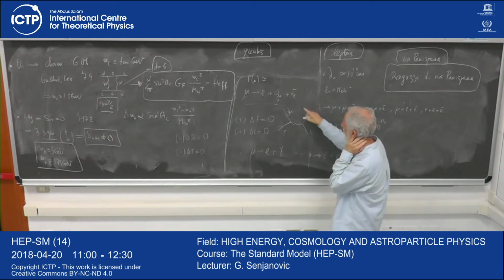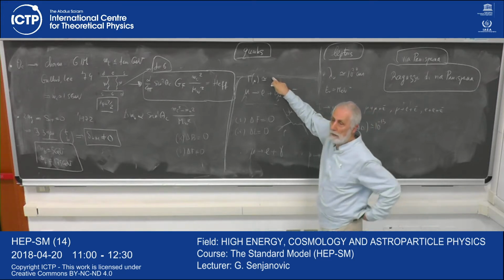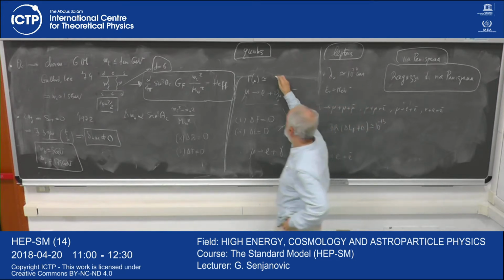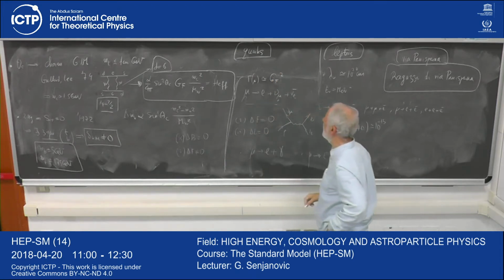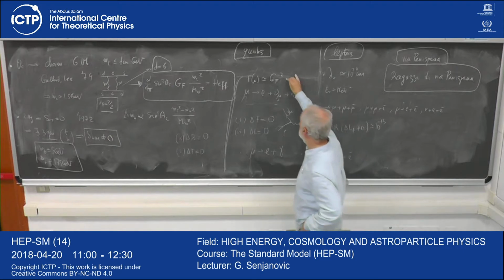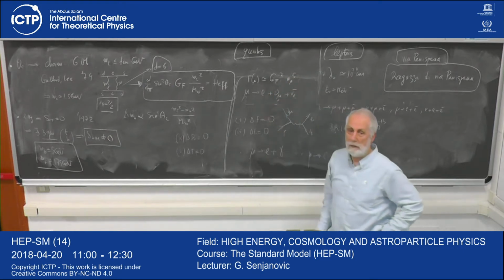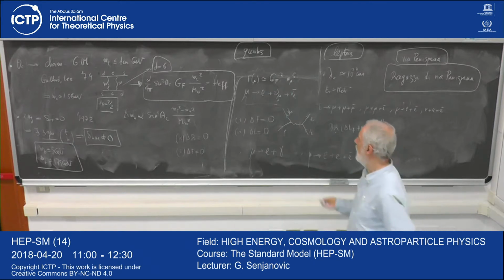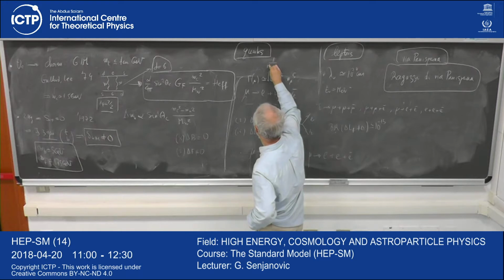Nu E goes in. That's nu E bar going out. So this will be G Fermi squared. Good. Okay. Dimension of mass, right? Yes. Decay rate has a dimension of mass. Well, coefficients are important because this coefficient here is 1 over 192 pi cubed. That's a small number.